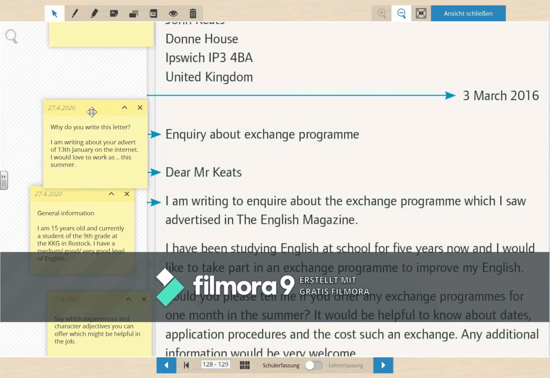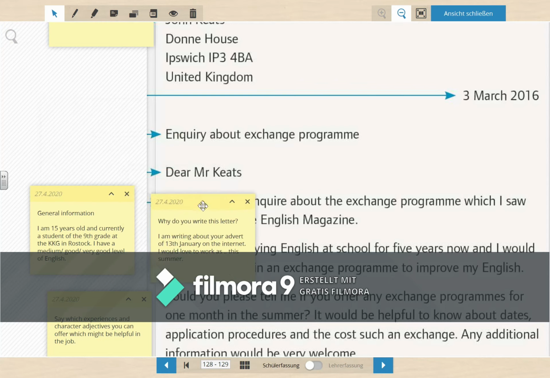Okay, so the first part after the address would be, why do you write this letter? For example, you could start with, I'm writing about your advert of 30th January on the internet. I would love to work as a swimming teacher this summer, or something like that. So always say, why do you write this letter to this person?